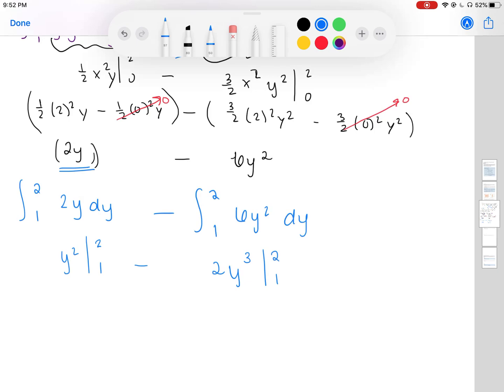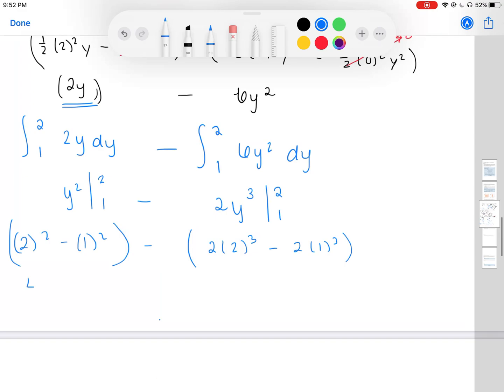All right, let's go ahead and evaluate. So we have 2 squared minus 1 squared, minus 2 times 2 cubed minus 2 times 1 cubed. So we get 4 minus 1 minus 2 times 8 minus 2.